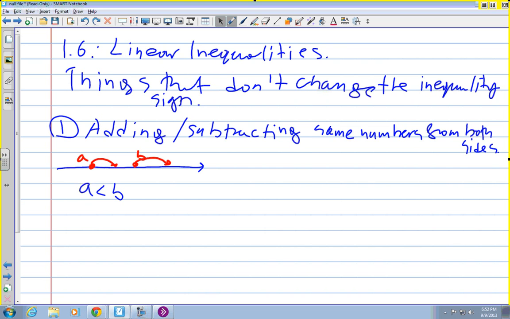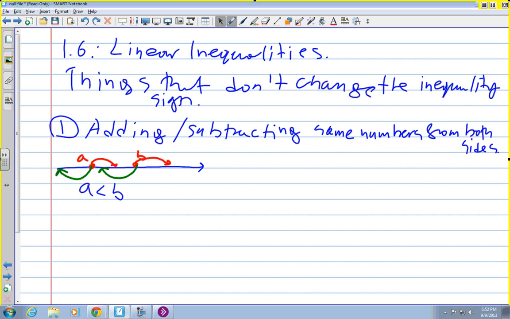So the relationship between them stays the same, right? If you subtract the same number from both sides, a jumps that way, but b jumps the same way. So the relationship between a and b remains the same. A is still to the left. That's kind of a cute way of thinking about that. Is that all right? Okay.